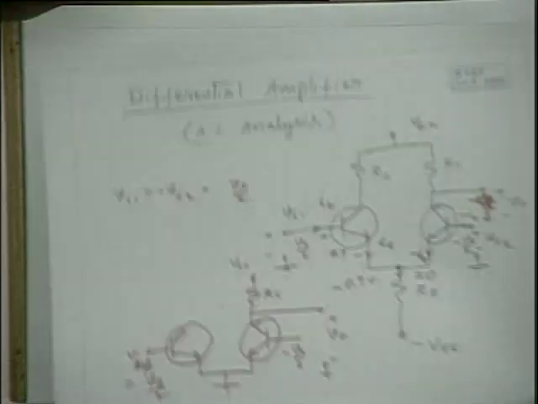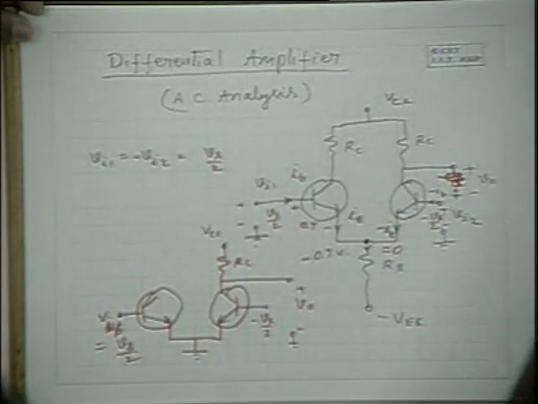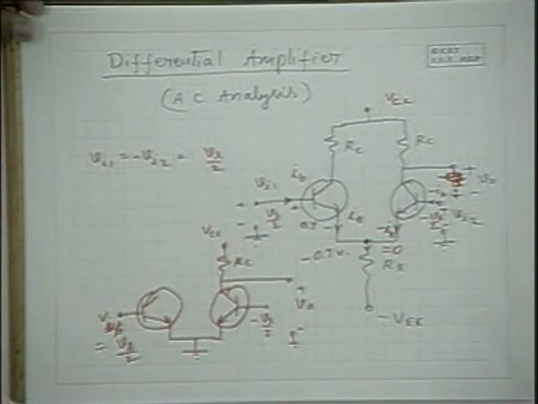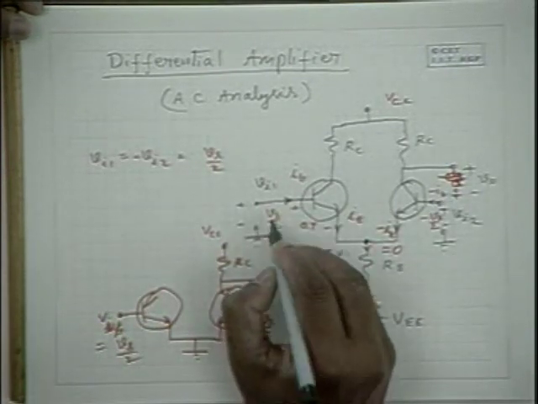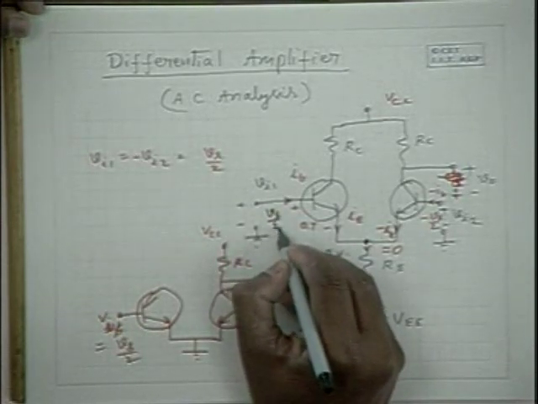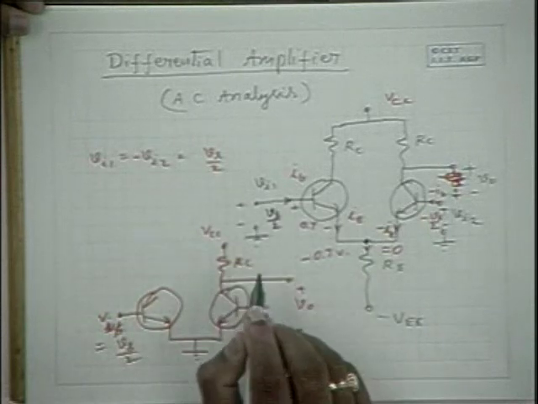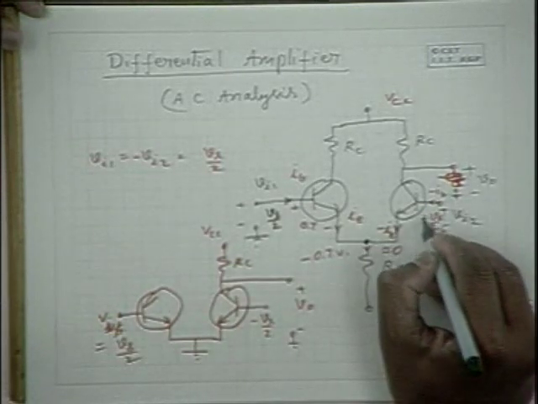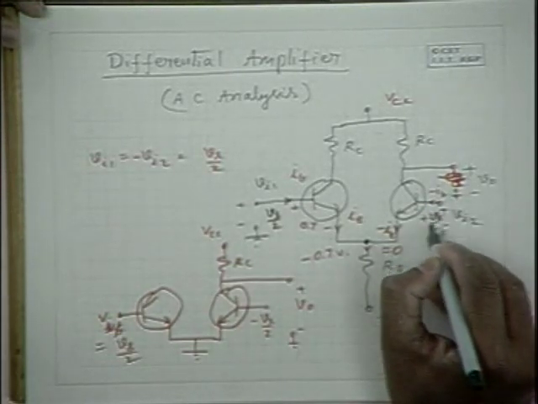To have a common mode signal alone and not to have any differential signal, we have to apply a signal which is in phase at both the places. We apply plus Vs by 2 here and plus Vs by 2 here.